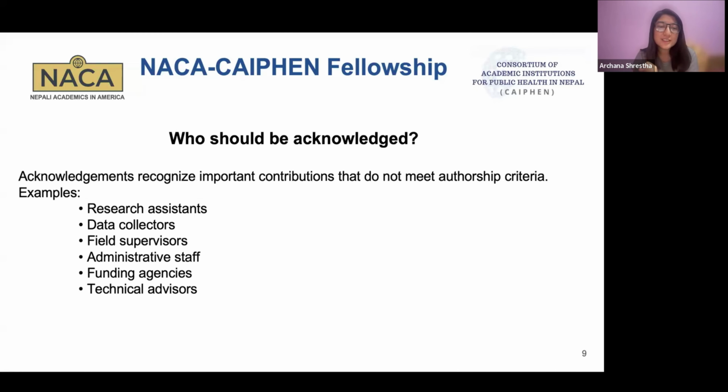So your research assistants, your data collectors, your field supervisors, your administrative staff, funding agencies, technical advisors, even if you have consulted them once or twice about scientific issues in your manuscript, but they don't meet the four criteria we just discussed, then you can still acknowledge them in your paper.